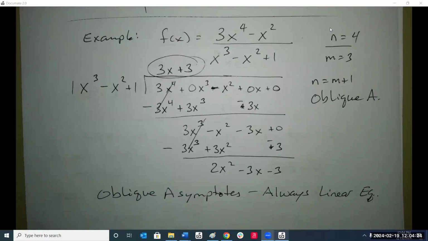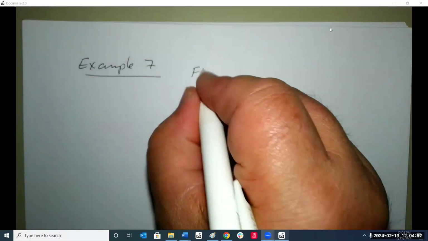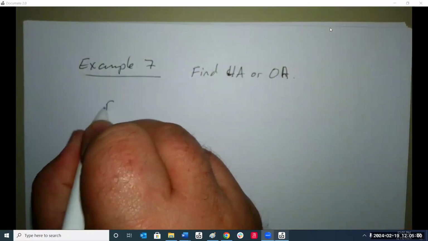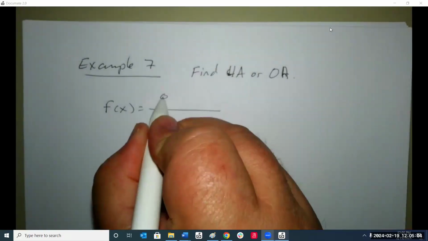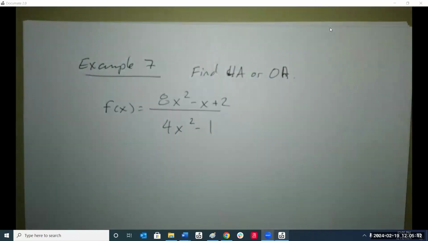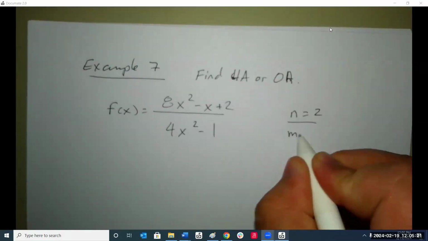All right, let me look for another example here. Find the horizontal asymptote or oblique asymptote. 8x squared minus x plus 2 over 4x squared minus 1. n equals 2, m equals 2, so they cancel.